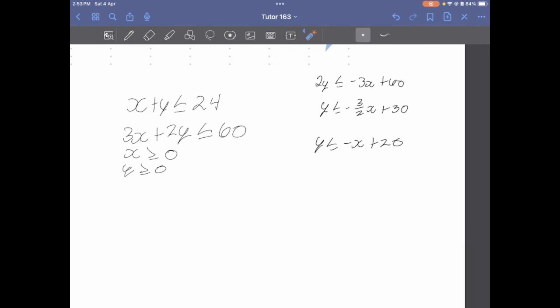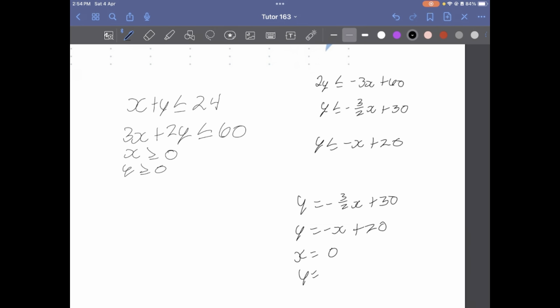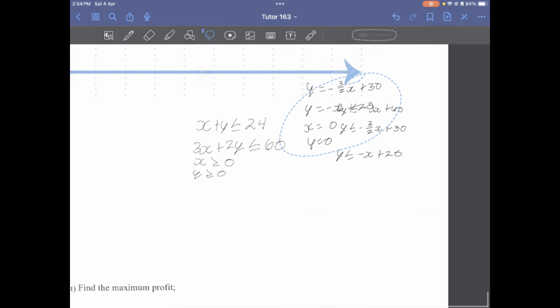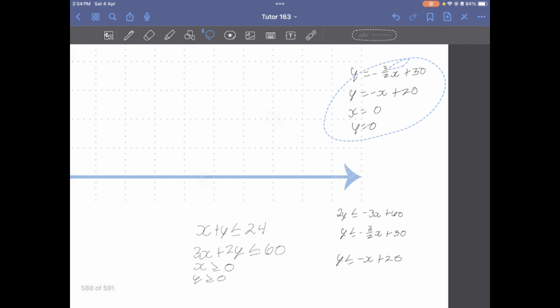And the way we're going to graph it is, we're just going to graph it as equal to. So we're going to graph Y is equal to negative 3 over 2 X plus 30, Y is equal to negative X plus 24, X is equal to 0 and Y is equal to 0. So these are the four equations we're going to graph, right?